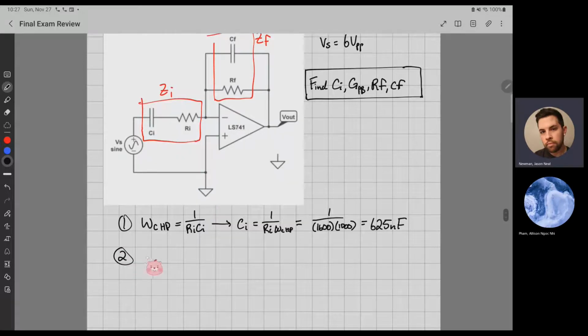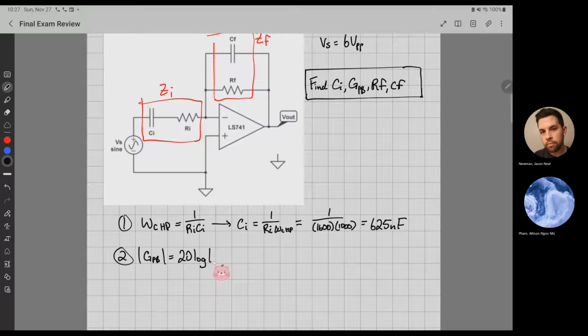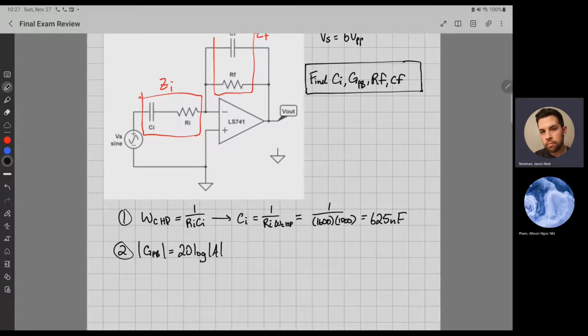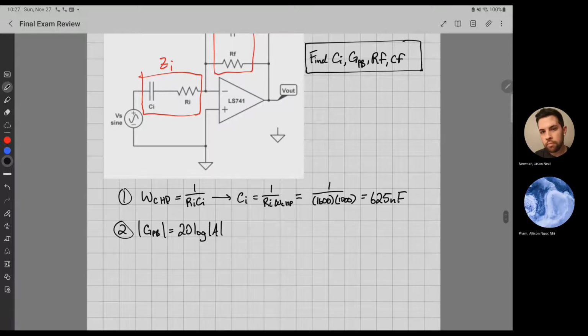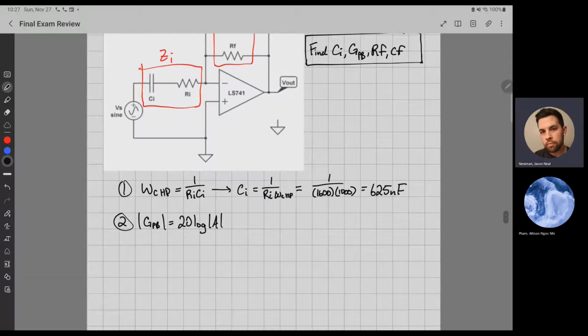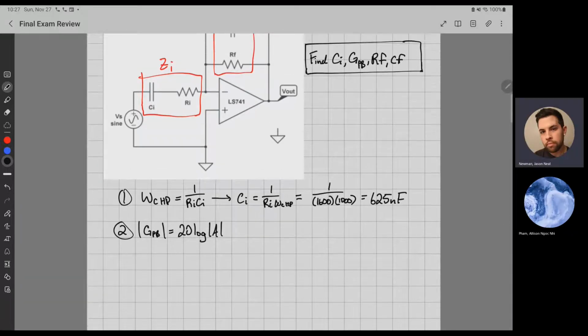Number two, magnitude of gain in the passband. This is a formula we know, which is 20 log of A, right? And we have A, the gain. What's our gain?